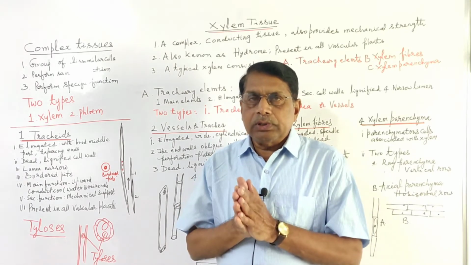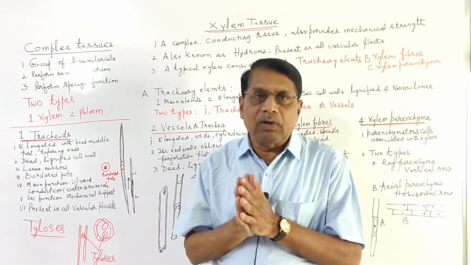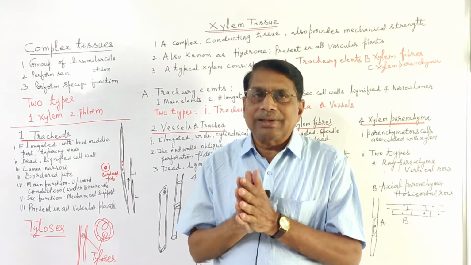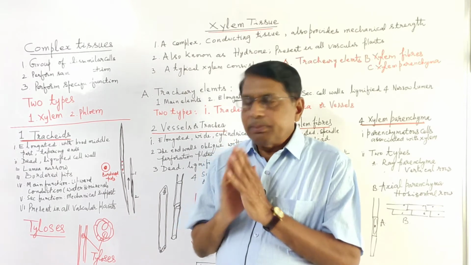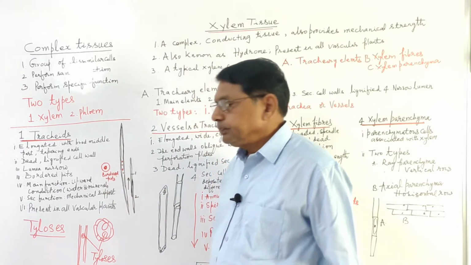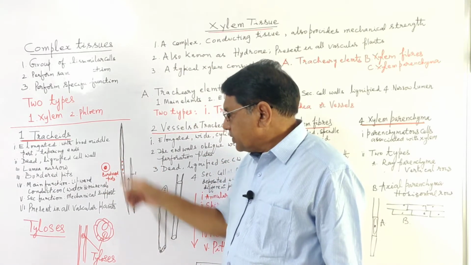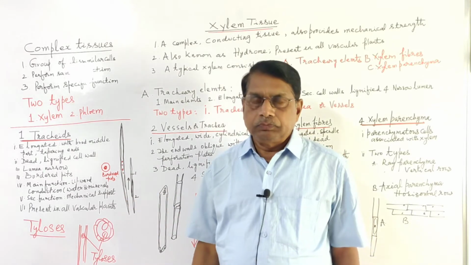What are these pits? In the pit areas, lignin will be absent. Secondary cell wall will be absent, only primary cell wall, and the cell membrane, if at all present, will be present. These are bordered like this. So these are present on the longitudinal walls.